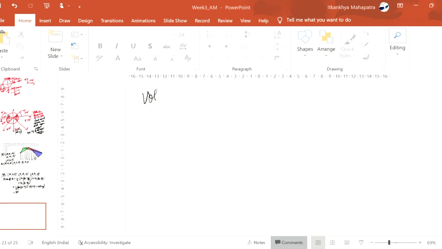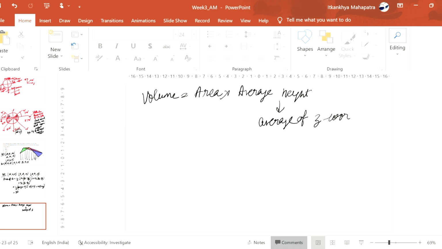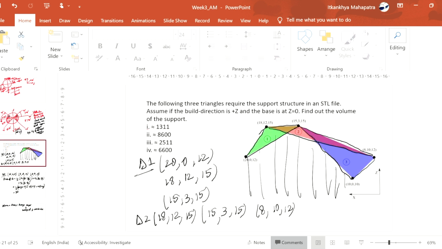Now volume is equal to area into average height. Now average height is the average of z coordinates. In case of triangle 1, the z coordinates are 12, 15 and 15.